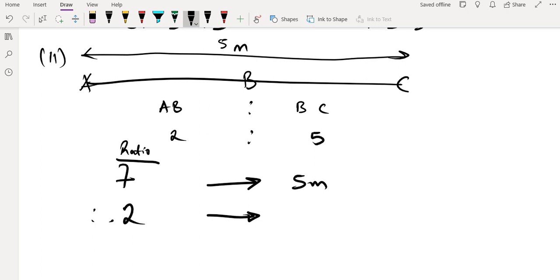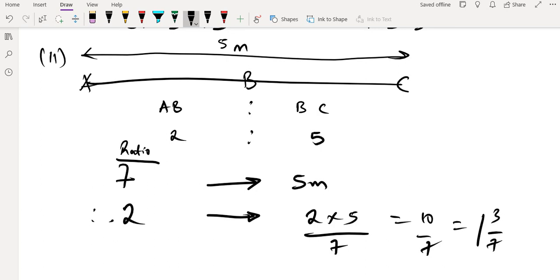So when that ratio is 2, ratio to ratio, you can easily get the length by using proportion. Like I keep telling you, proportion is all in mathematics. If you understand proportion, you can solve majority of maths, because everything about mathematics is sizing them into various proportions. So that will give you 2 times 5 over 7 equals 10 over 7, so 1 and 3 over 7.